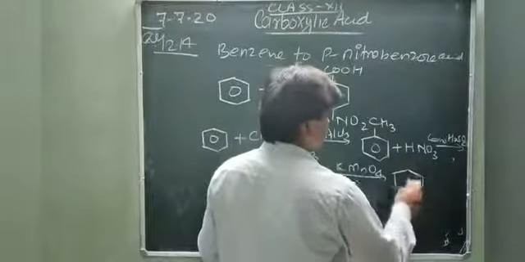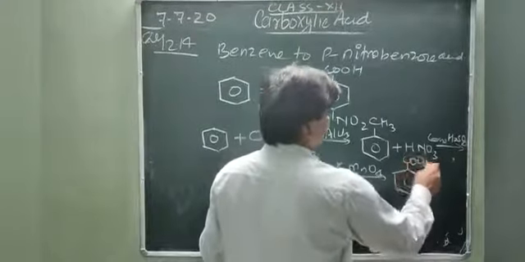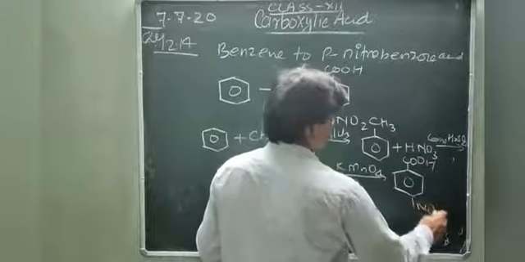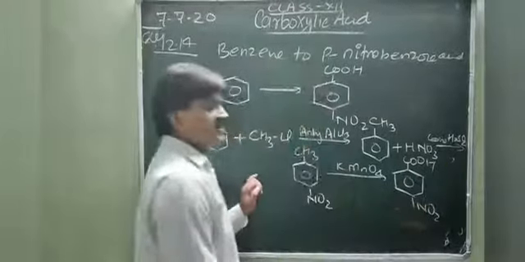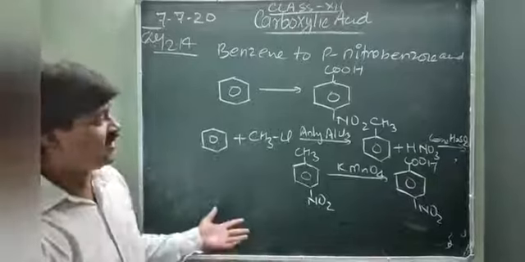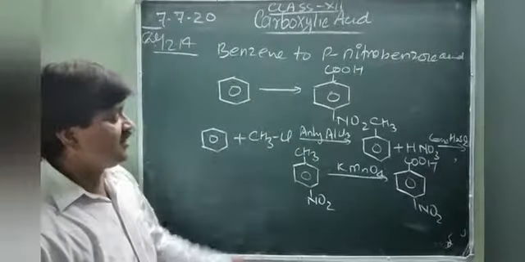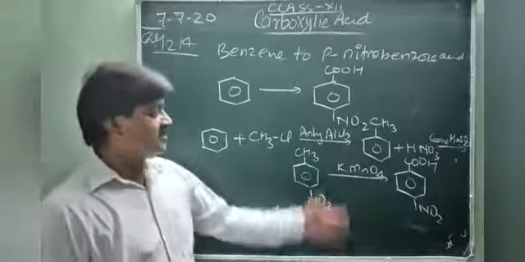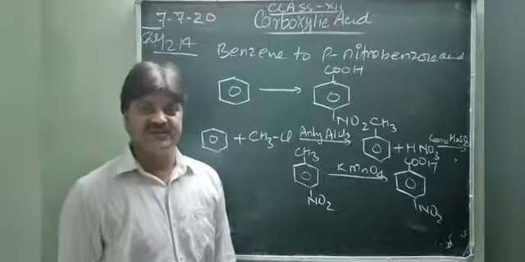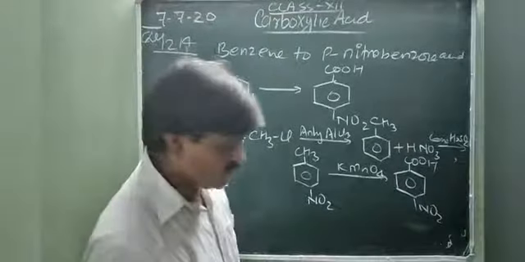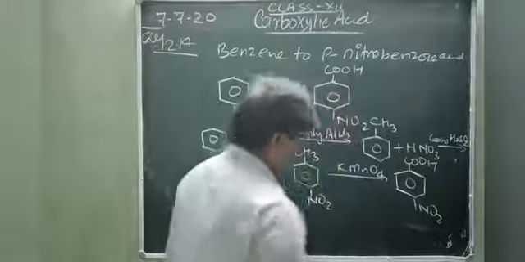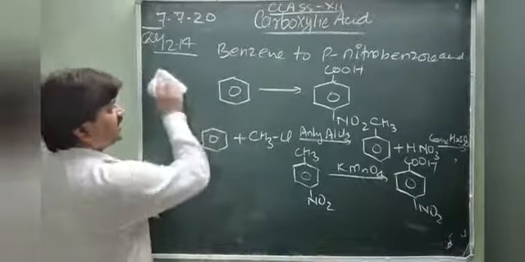This is the formation of COOH here and NO2. So this is called para-nitrobenzoic acid. Very simple. You can see here, to convert the benzene into the para-nitrobenzoic acid. Next conversion, benzene to para-nitrobenzaldehyde.